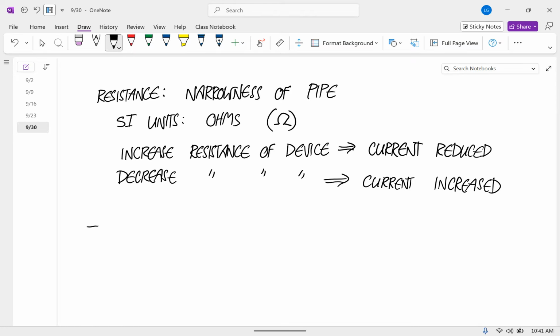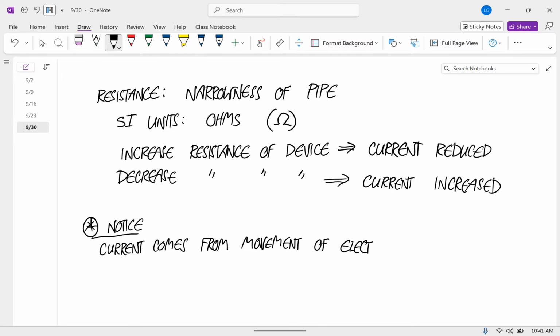One thing I want you to notice with electricity is that current really comes from the movement of electrons, and electrons have negative charge.